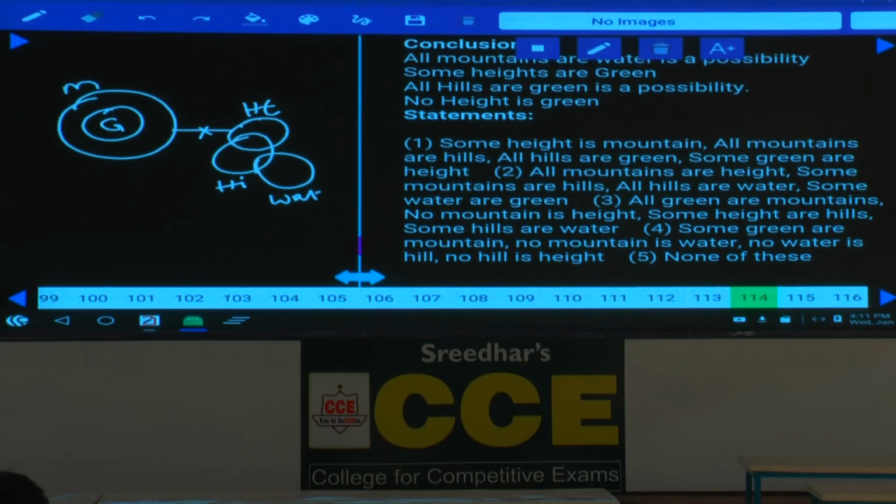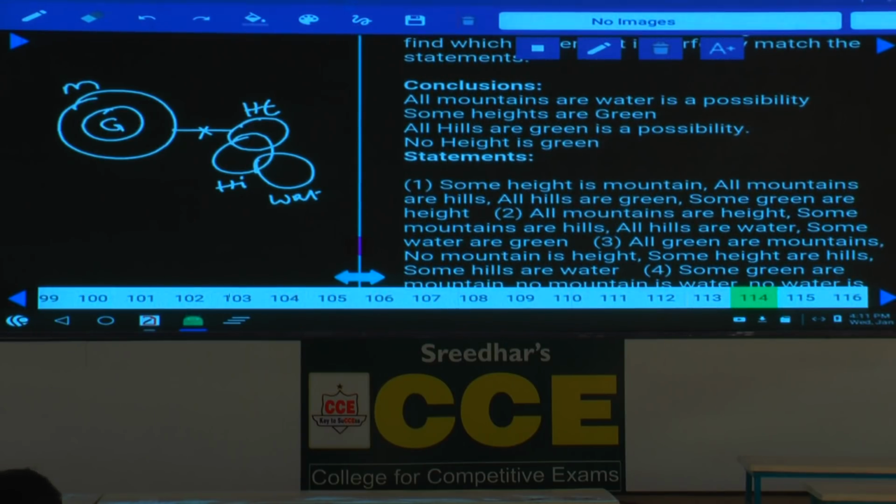Now tell me whether we can derive the conclusions or not. "No height is green": are you getting the answer? Height is here, green is here, so no height is green is always true. Then "some heights are green": green is here, height is here, is there any height which is green? No, and this conclusion cannot be drawn at all. Hence choice 5 is the answer.